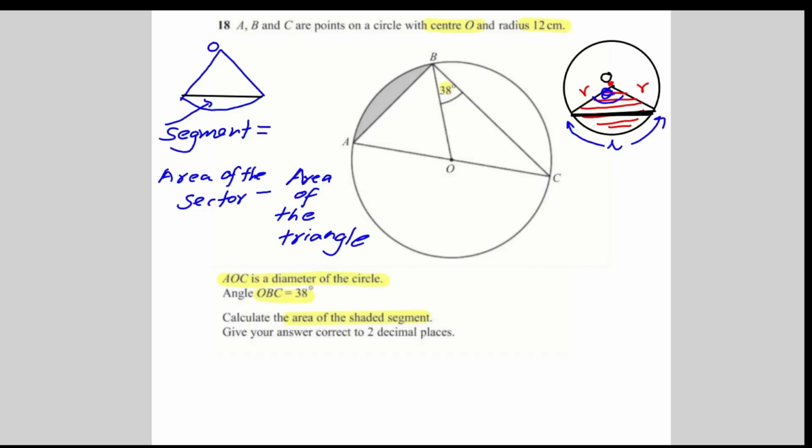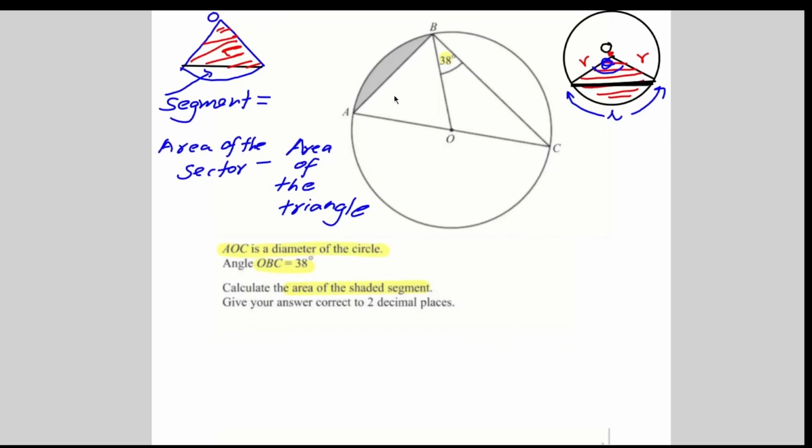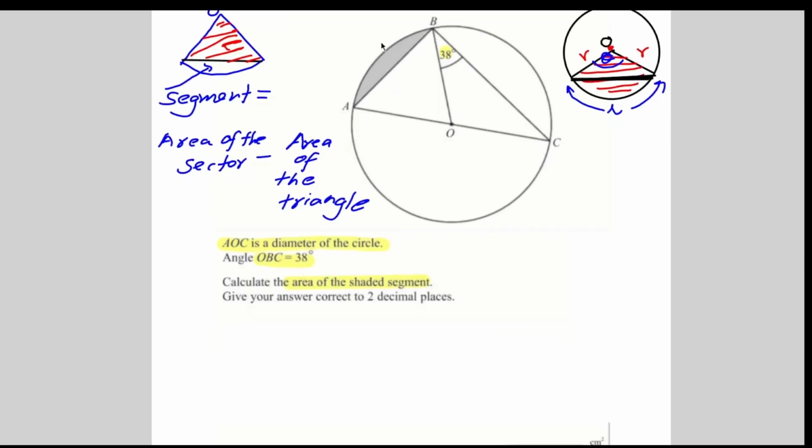If you take away the area of the triangle from this sector, the remaining part is the segment. This is how you get the area of the segment. Now our goal is the area of the segment. Right, now let's see how to get the area of the sector first.